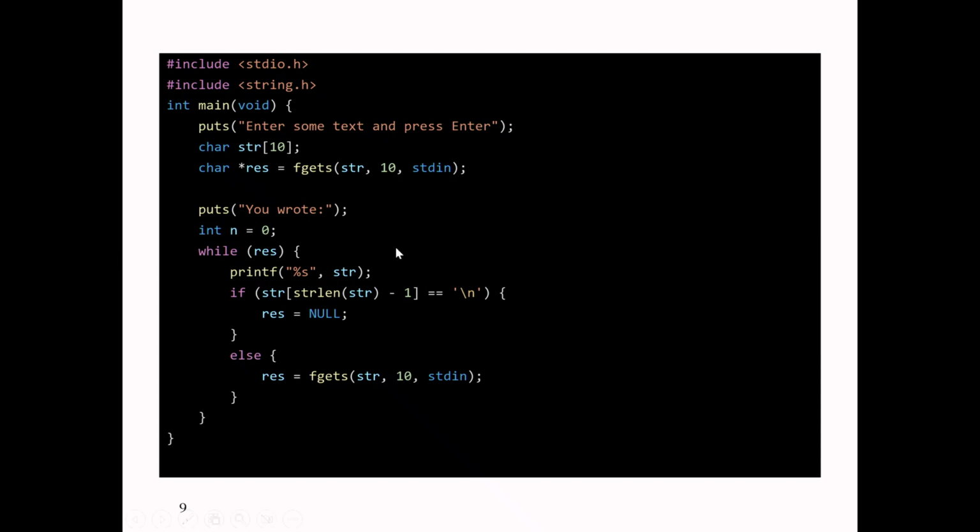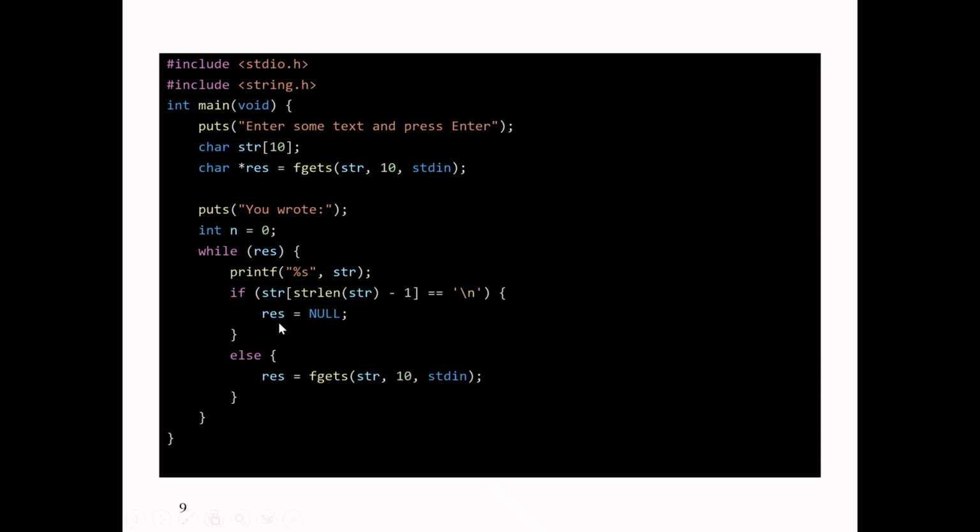So we look at the last character in the string and check if it's the newline character. If it is, then we know that it actually read in a complete line of text, in other words, that we're done reading in that line.